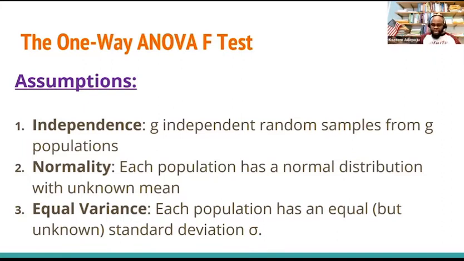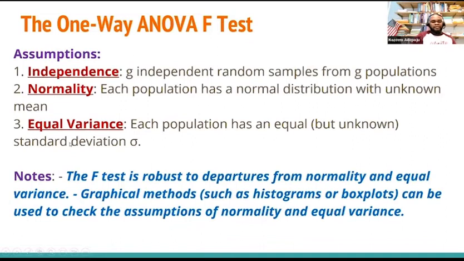That is, the samples you take from the groups have to be independent. Then we have the assumption of normality. Each population must have a normal distribution with unknown mean, like an unknown population mean. We don't have an idea of the mean. Each population has to be normal. And of course, each population must have equal variance or equal standard deviation. So these are the assumptions.